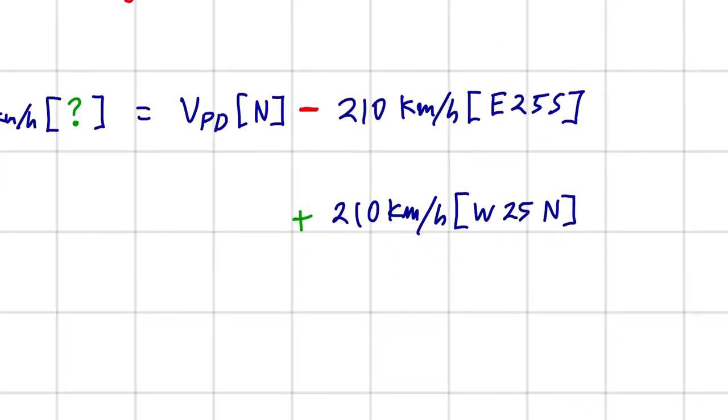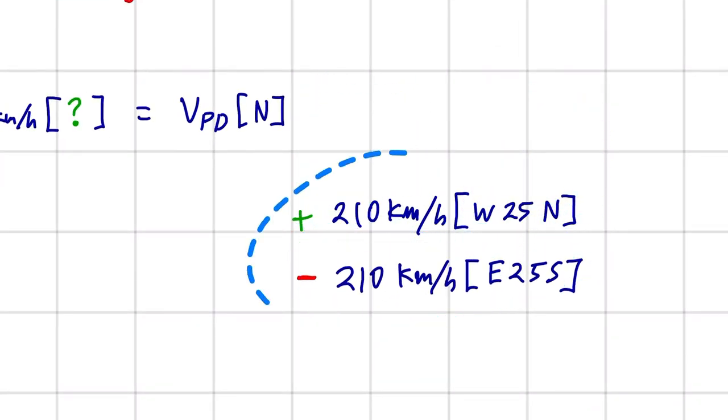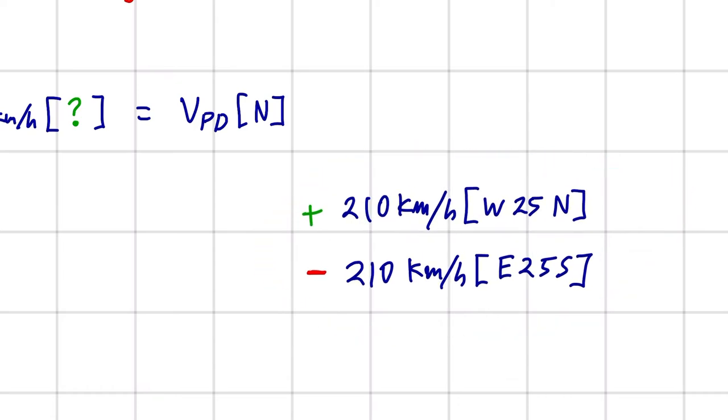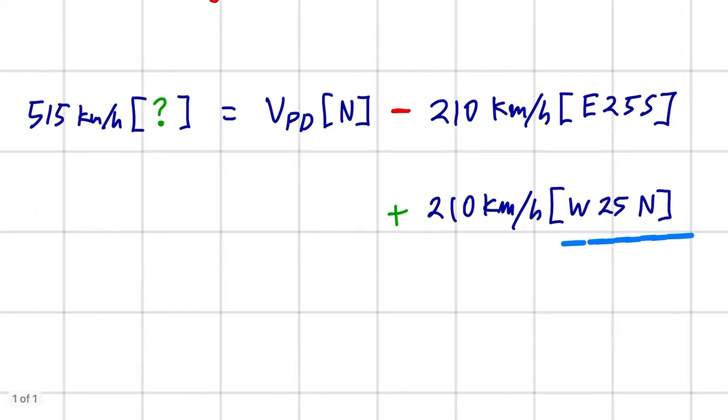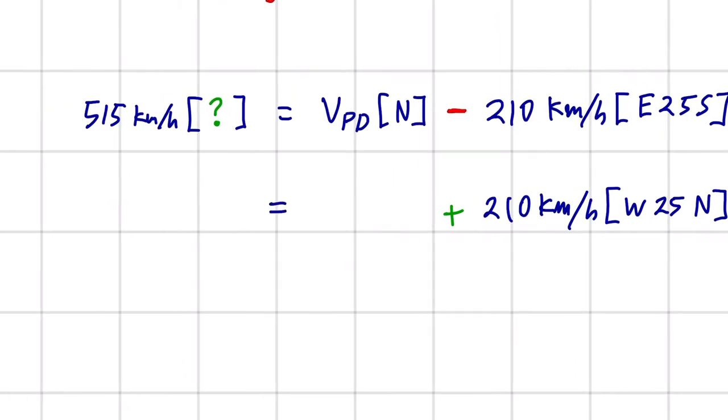So these two are equivalent. These are the exact same thing. Whether you're subtracting this or adding this, it's the same thing. But for our purposes, we need an addition when we're working with vectors, because the way we subtract vectors is by adding the opposite vector.